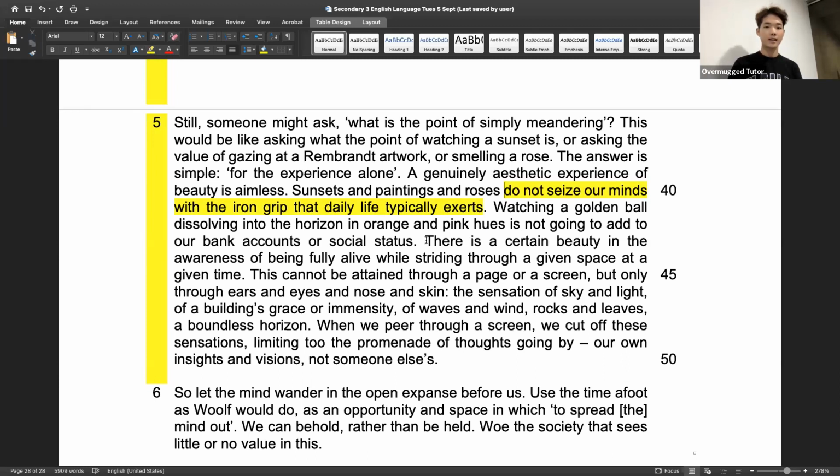Then here, there's a certain beauty in fully being alive while striding through a given space. So it's over here. It's while walking. While striding means while walking, so that's not important really. It's just the benefits. Yes, this sensation of sky, of a building, it's a boundless horizon.